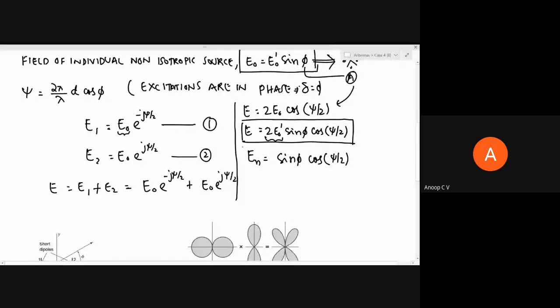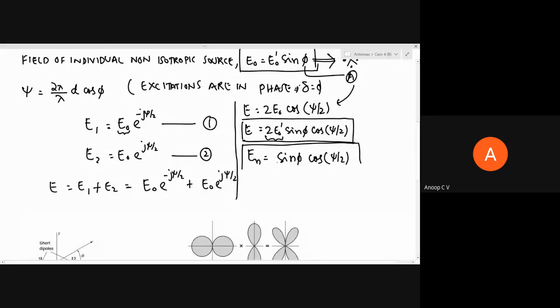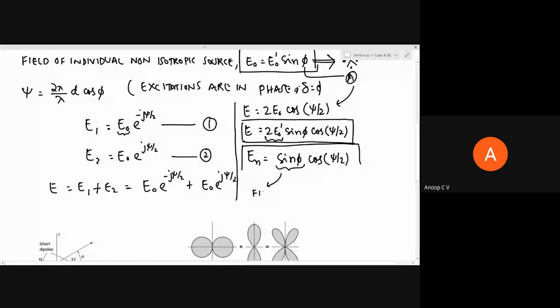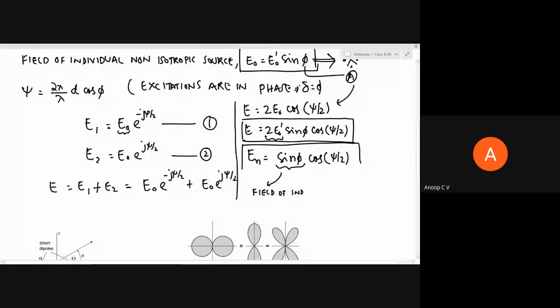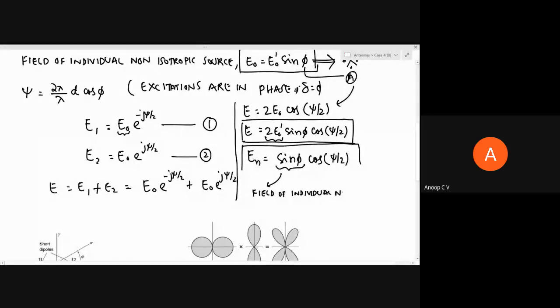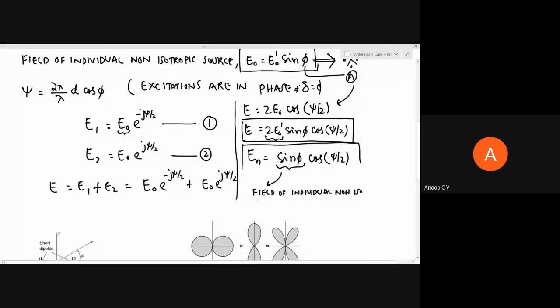If you inspect this very carefully, this sin phi is nothing but the normalized field pattern of the individual non-isotropic array element.